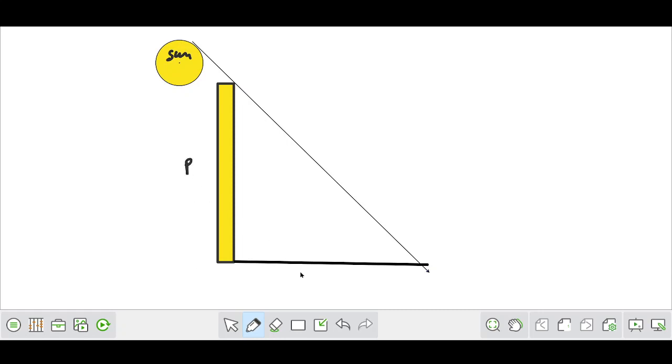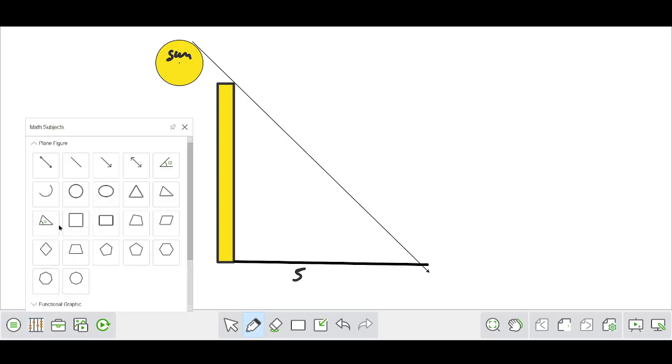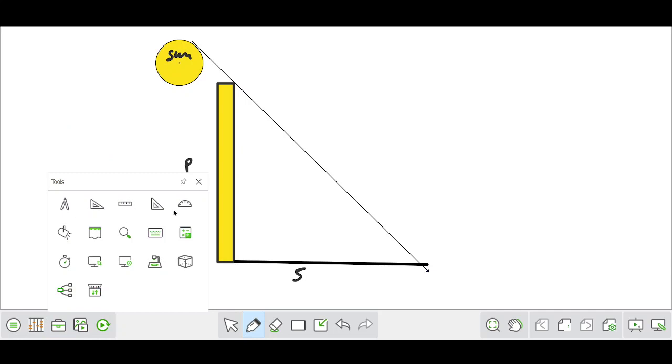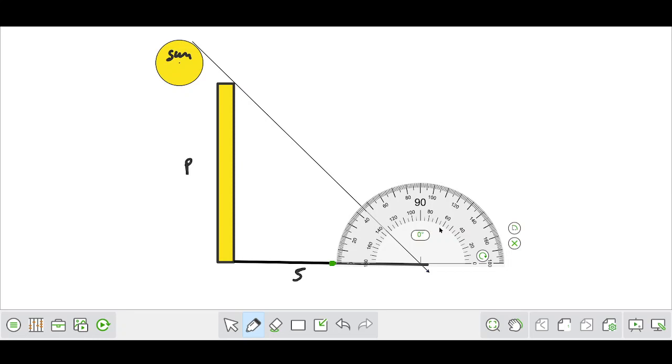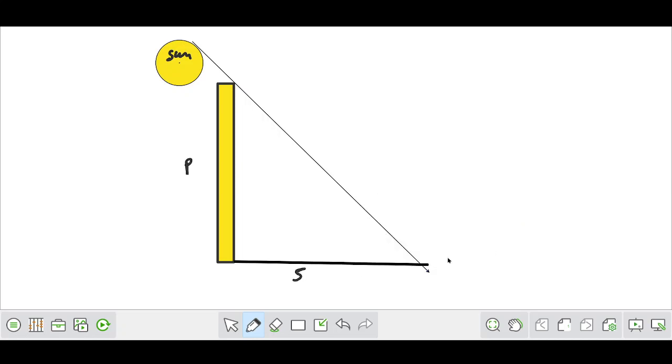Clear? Now this is 5 meter, and I want to calculate the angle with the help of some tools. Now we got the angle. This is 45 degree, so we write here 45 degree.